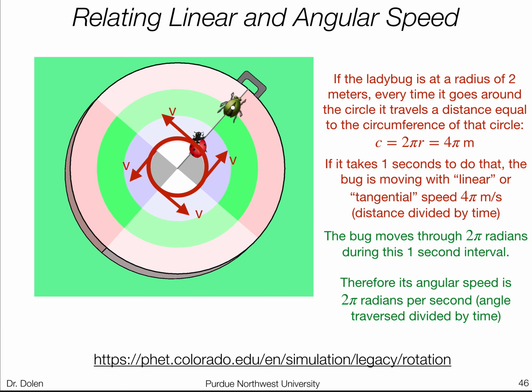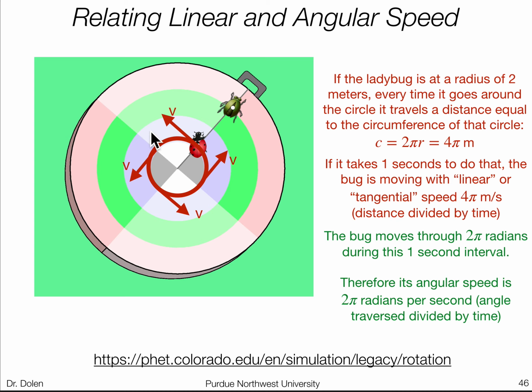Let's just think about what this bug is really doing. Every time it goes around one complete circle, how far is it traveling? It's traveling around one circumference. To go from here all the way around, how many meters is it actually traveling? We can use our circumference formula, 2 pi r, and if the bug is at a radius of 2 meters, 2 pi times 2 meters is 4 pi meters.